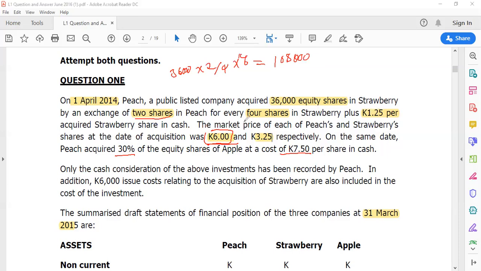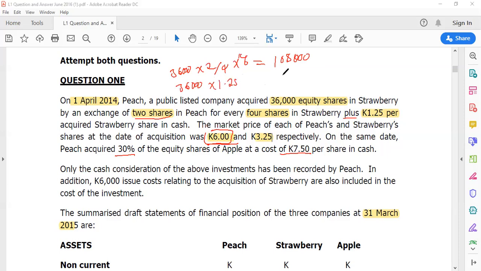Now they've told you something else also. They've told you that when you did this, there's a plus 1.25 per acquired Strawberry share in cash. You see that? He's also paying 1.25 per acquired share. How many shares did he acquire? He acquired 36,000 shares. Then we multiply by 1.25 kwacha.